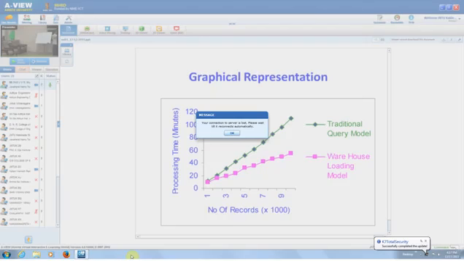As the number of records increases, we went to 90,000, 100,000. We experimented on about 125,000 or 140,000 records. When it is experimented, the processing time is more than 100, almost 50% more in this.